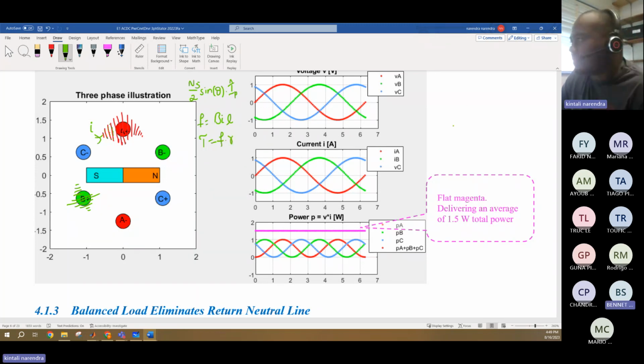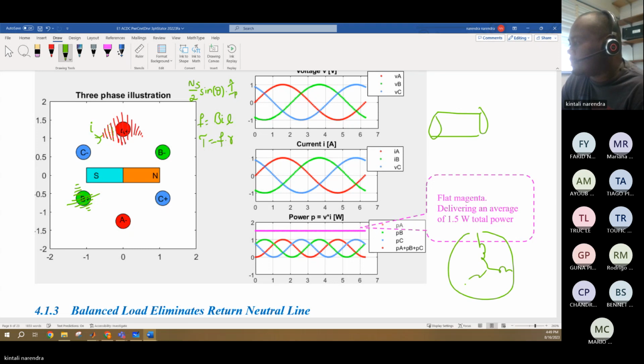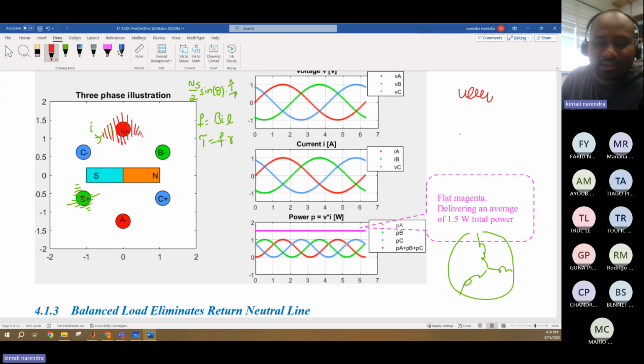See, the rotor is something like this, when I draw it like this. But if you take a real one, it is more like a cylinder. The windings are here. Like a cylinder.